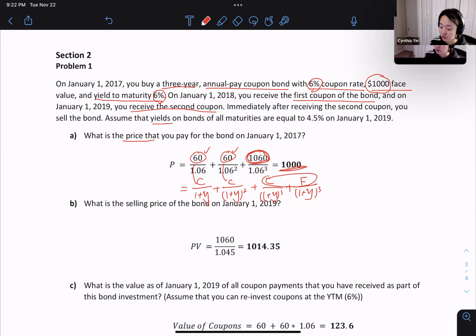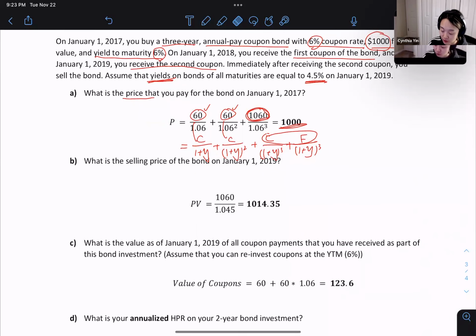And because it's going to mature 1 year later, you discount it back by 1 year. And remember, when you immediately sell the bond, the yield was not 6% anymore. It decreased to 4.5%. As a result, the sale price would be the leftover payment, which is the face value plus the last coupon payment, discounted back using the new yield to maturity, which is 4.5%. And the new price will be $1,014.35. Okay.